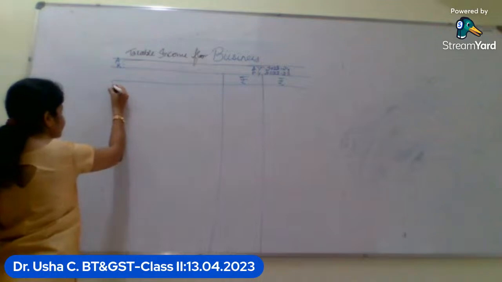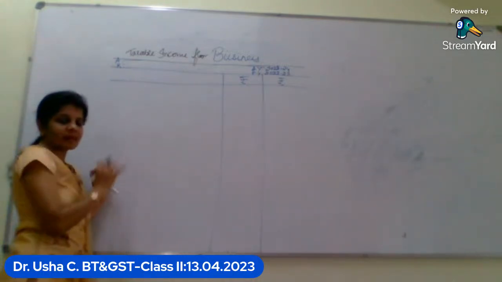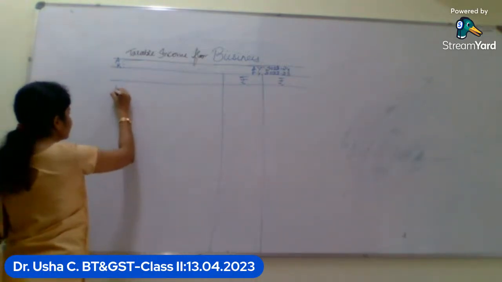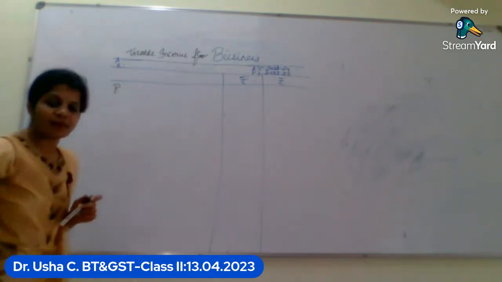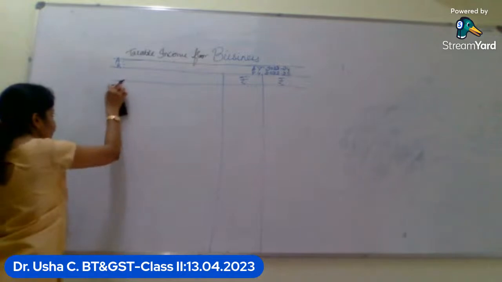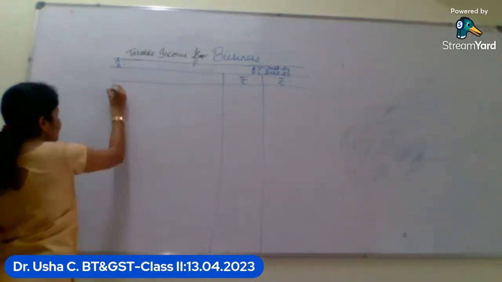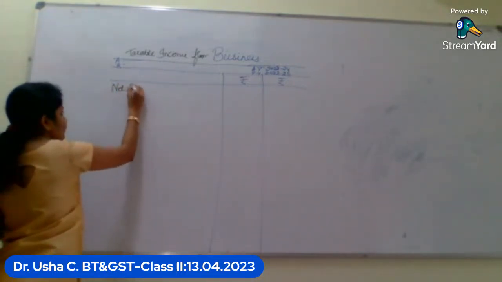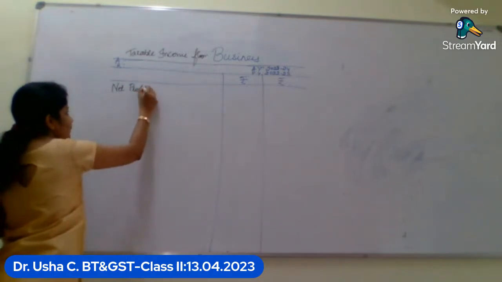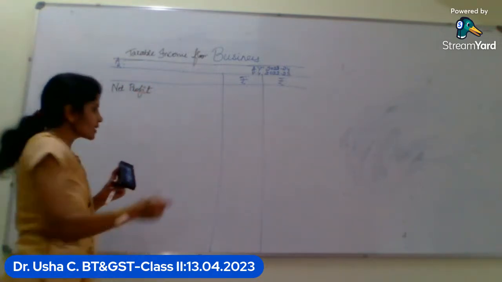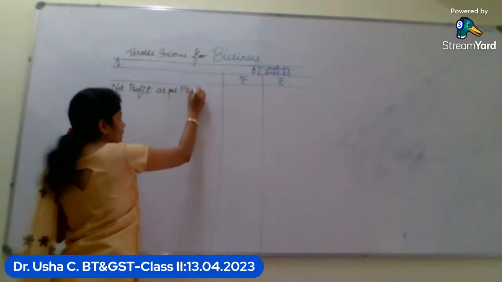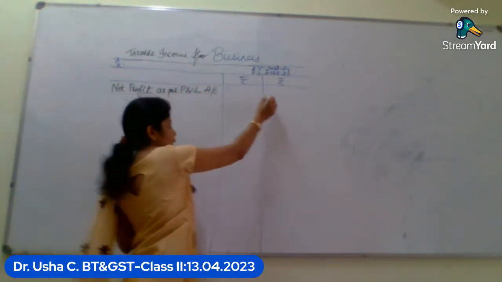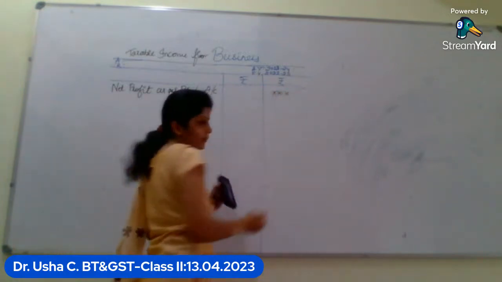Next, the first part is we have to take whatever net profit is available. Where do we get net profit? This net profit we have to take as per the statement of profit and loss, or as per the profit and loss account. This is the net profit.